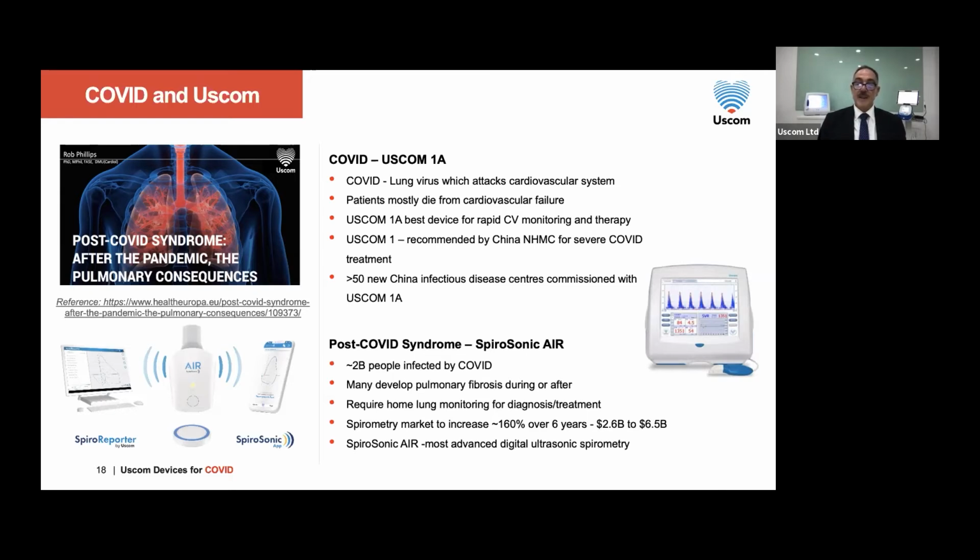More than 50 infectious disease centres have been established for treatment of severe COVID patients using the Uscom 1A in China. As infectious diseases become a more recognised part of global social health, we anticipate Uscom technologies to become increasingly adopted in their acute and chronic management.